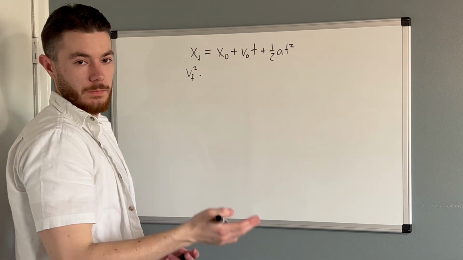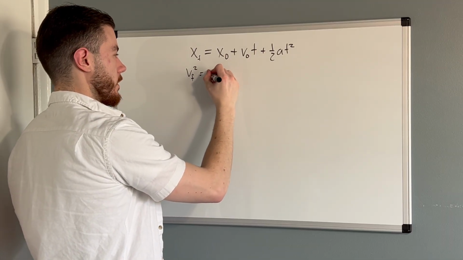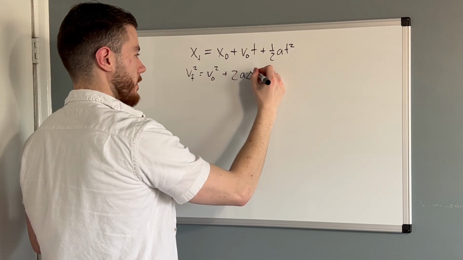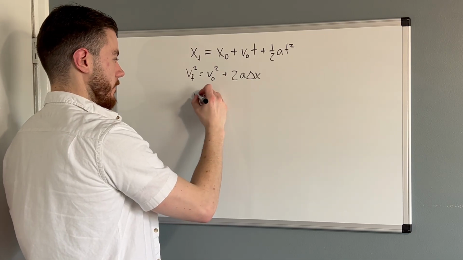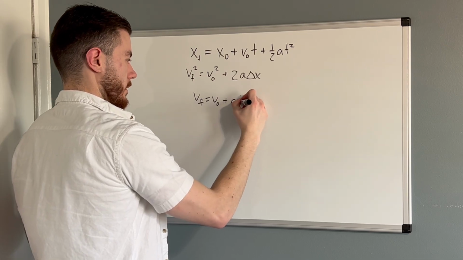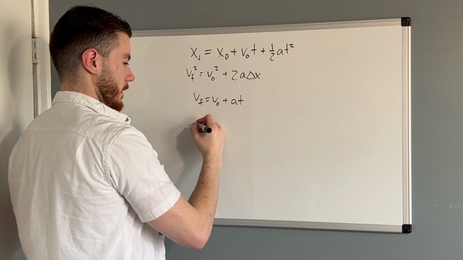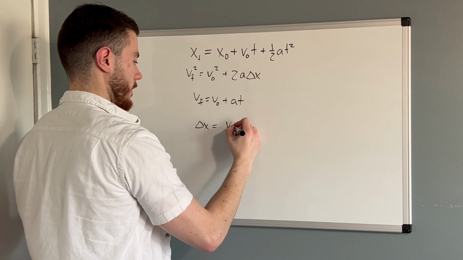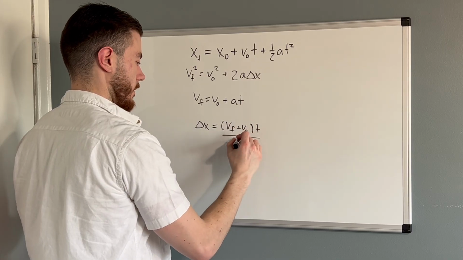Now I'm choosing naught. It means the same thing, the initial, and f is final. Final velocity squared equals initial velocity squared plus 2a delta x. Then, final velocity is equal to initial velocity plus acceleration times time, and the last one was delta x is equal to the final velocity plus the initial velocity times time divided by 2.